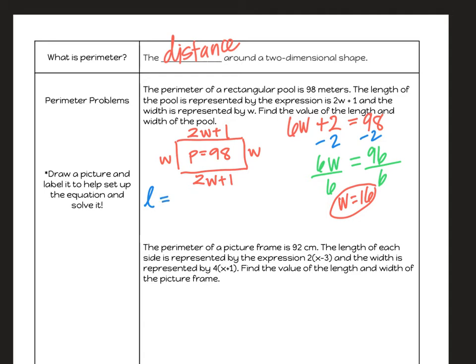And so I'm going to rewrite the 2w plus 1, and substitute the w for 16 because I just found out that it is equivalent to 16. And so I'm going to have 32 plus 1, and so my length is 33. Okay, so both of these answers are important.